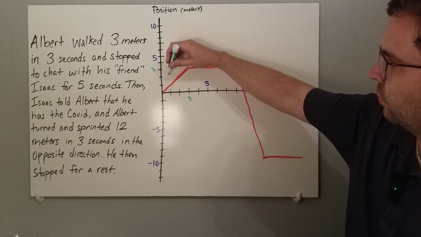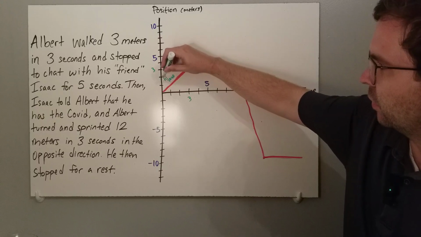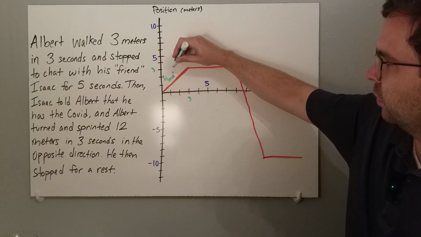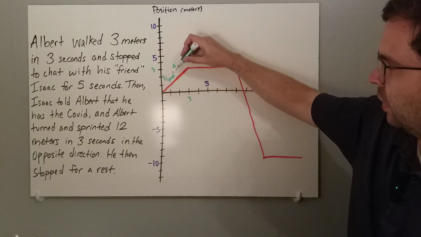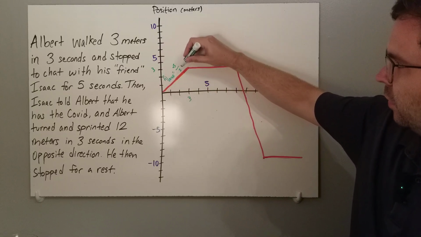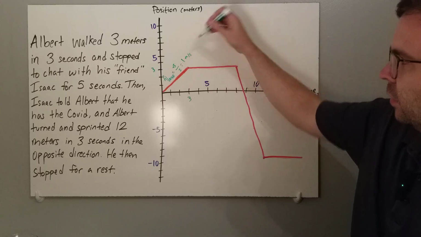And so we can find his average velocity over this first 3 seconds is a positive 3, the change in his position divided by 3 seconds. So that would be 3 divided by 3, 1 meter per second.